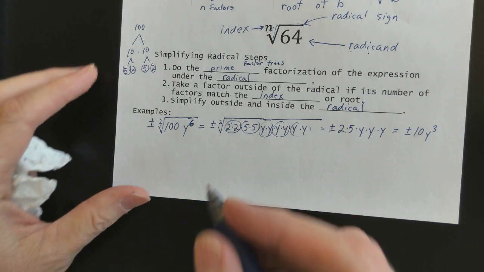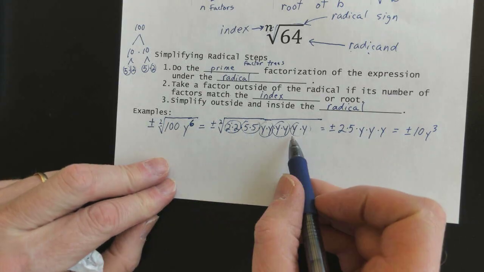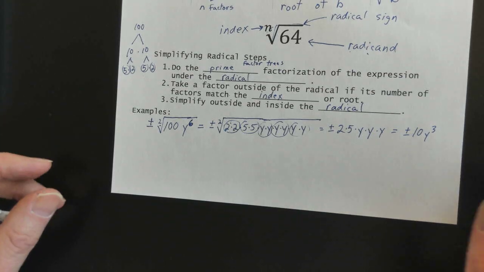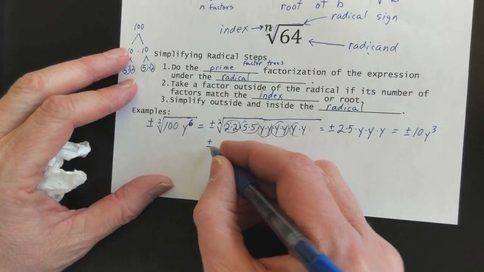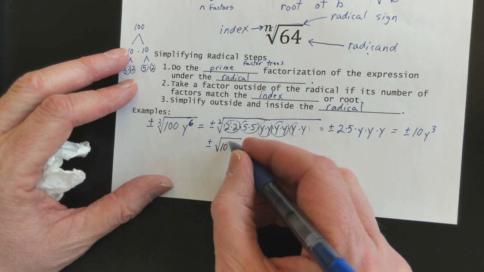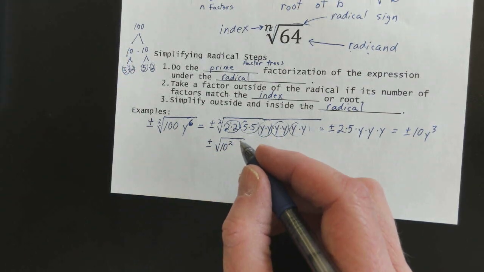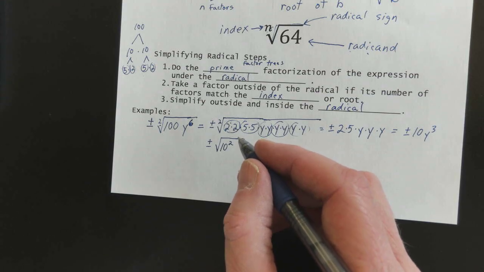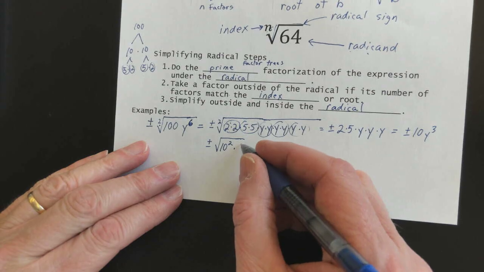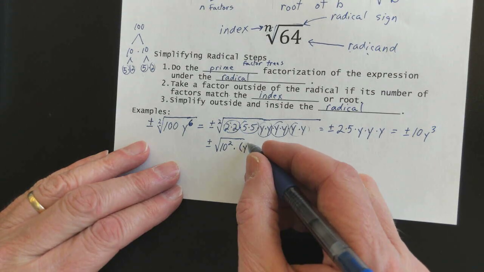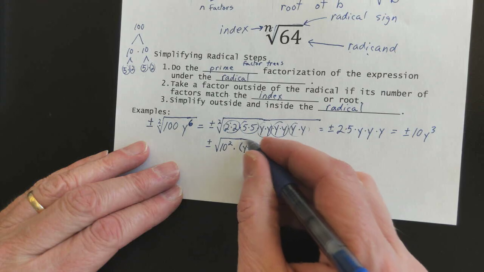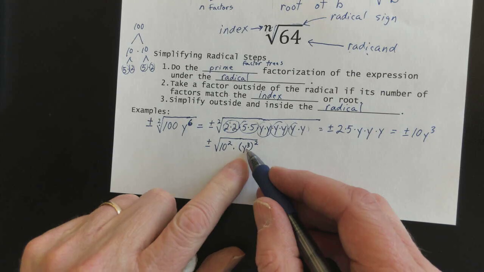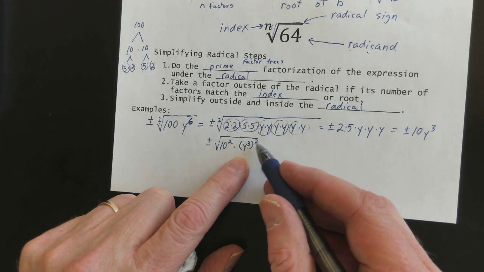I do kind of want to show an alternative way, if you don't want to expand it, especially if it gets really long, a really big number, really high power. Is everybody good that 100 is 10 to the second power? And if I write y to the third and then put a square out here, that's y to the sixth power, if you multiply exponents.